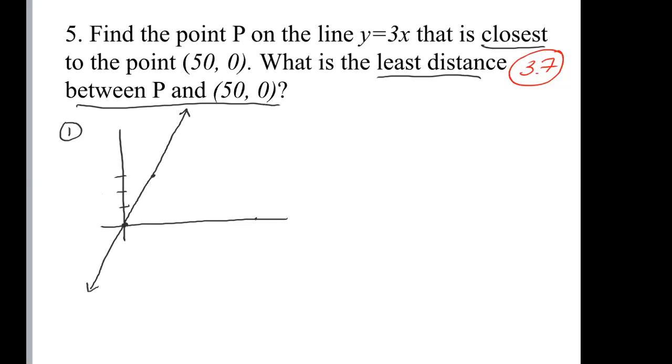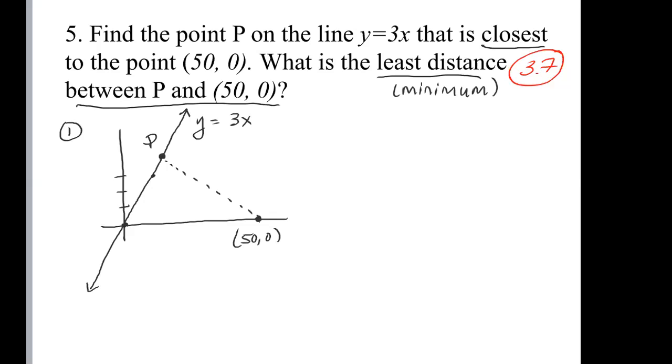The point (50, 0) is out here somewhere. This is the point (50, 0). This is the graph of the line y equals 3x. And I want to figure out what is the least or minimum distance between some point P on this line and that point (50, 0).